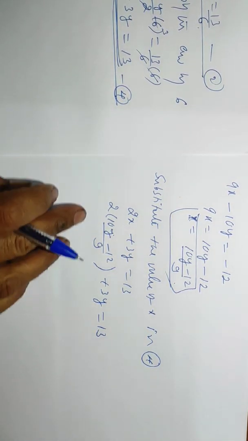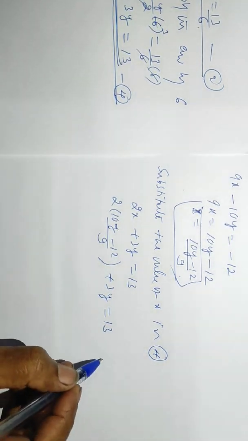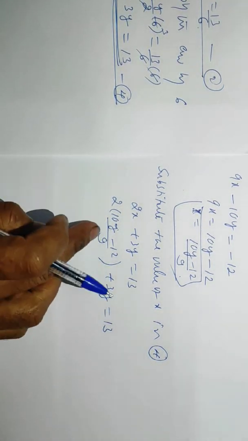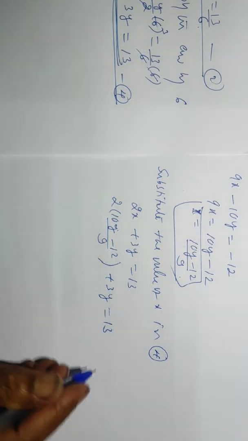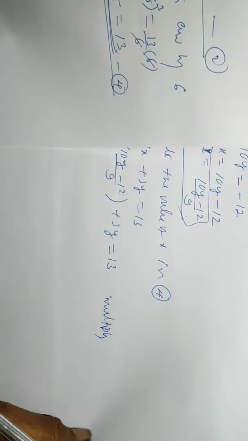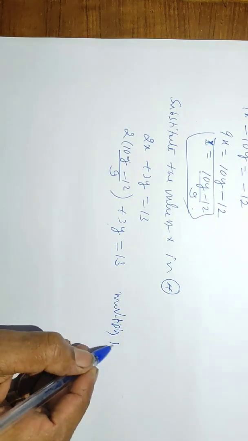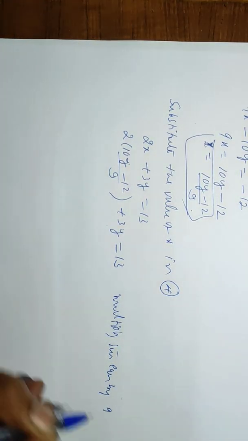Now, as usual, multiply by the LCM of these terms. The denominator here is 1, here also is 1. Multiply the equation by the LCM, that is 9.